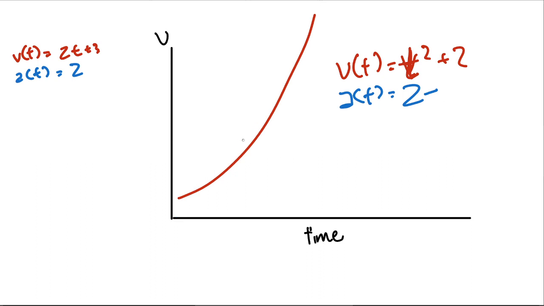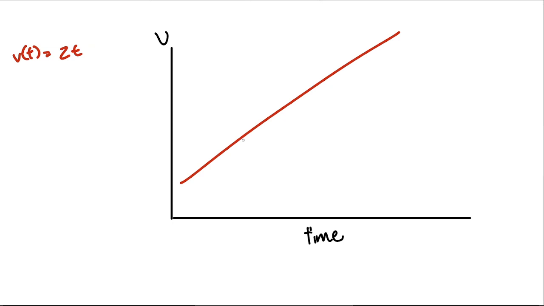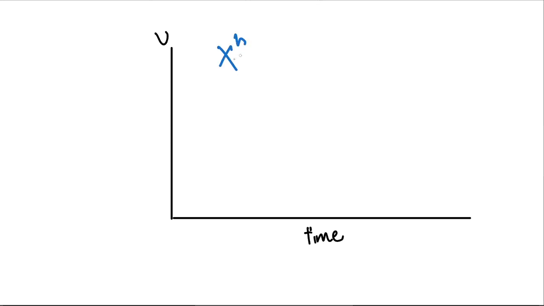So this is where we get into something known as the power rule. The power rule states that if I have something like x to the n, the derivative of x to the n, which is dv/dt, that's our acceleration, d/dt, right?